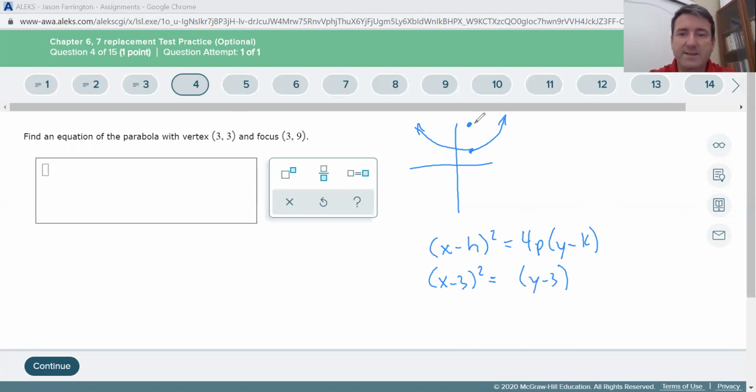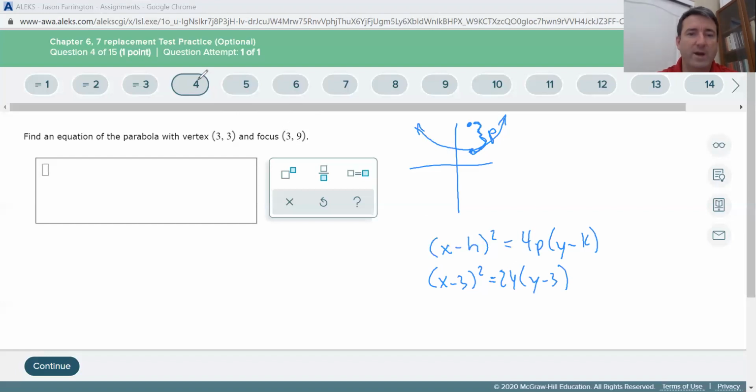And p is this distance. That distance is p. And we can see that the distance between the point 3, 3 and 3, 9 is 6. 9 minus 3 is going to give us 6. So if p is 6, 4 times p is 24.